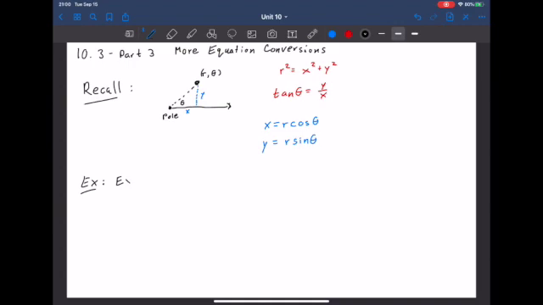I have a line, example. If I have the line y equals 4. So again, this is not necessary to graph.